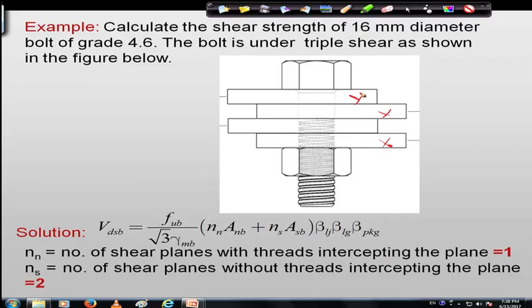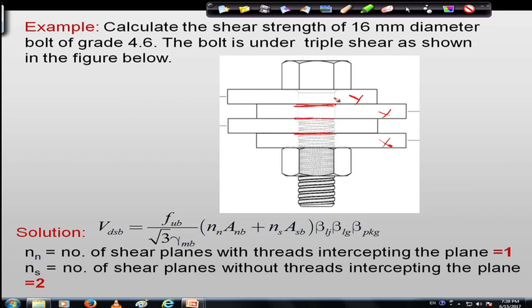The problem is to calculate the shear strength of a 16 mm diameter bolt of grade 4.6, where the bolt is under triple shear as shown in the figure below. We can see here that the shear planes are 1, 2 and 3.